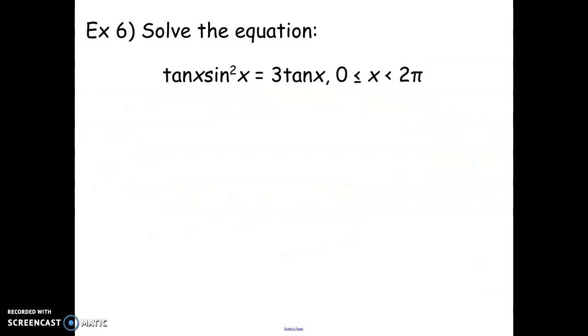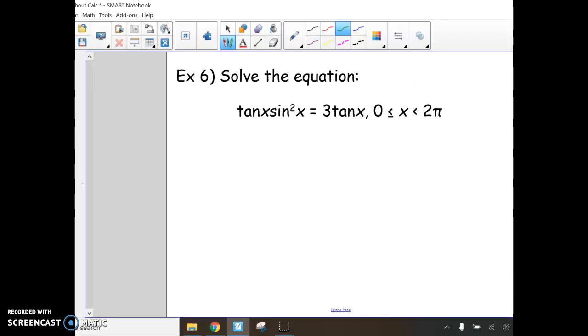Last one we're going to do together. I'm actually going to flip over. No, we'll do this without flipping to the calculator, I think. No, let's do it on the calculator. I'm going to move this 3 tangent of x over. So I have tangent of x sine squared of x minus 3 tangent of x.